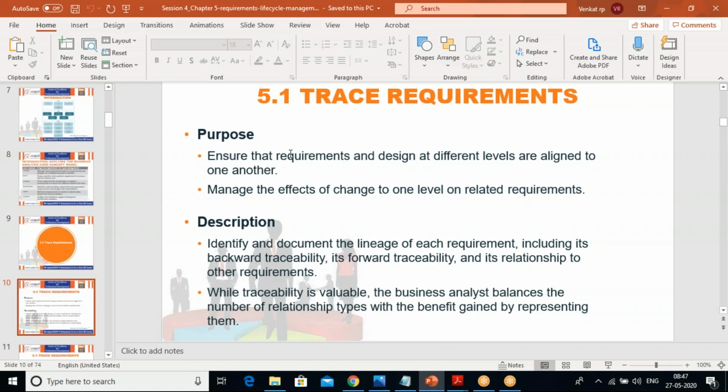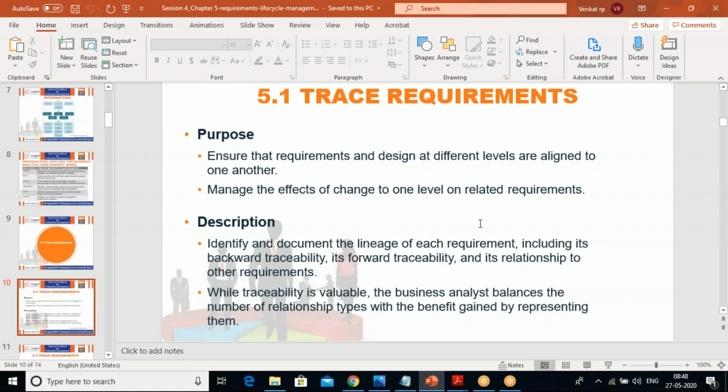We have to ensure that requirements and design at different levels are aligned to one another, and we manage the impact of change to one level on the related requirements. So in this traceability, we can do forward tracing and backward tracing, both. And why is this tracing there?